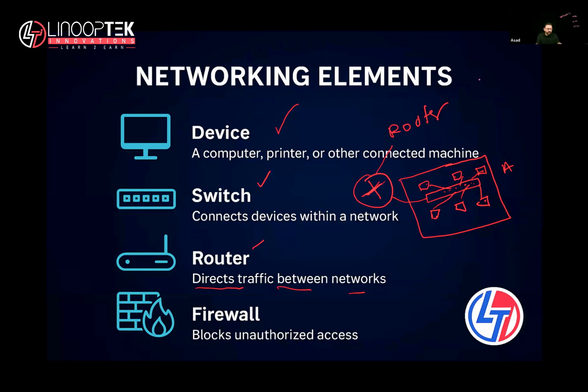So let's just say if I had another network over here, let's say you in your home and your friend in his home. Now you have a network, your friend has a network B. What else does he have on his network? He also has a switch, right?